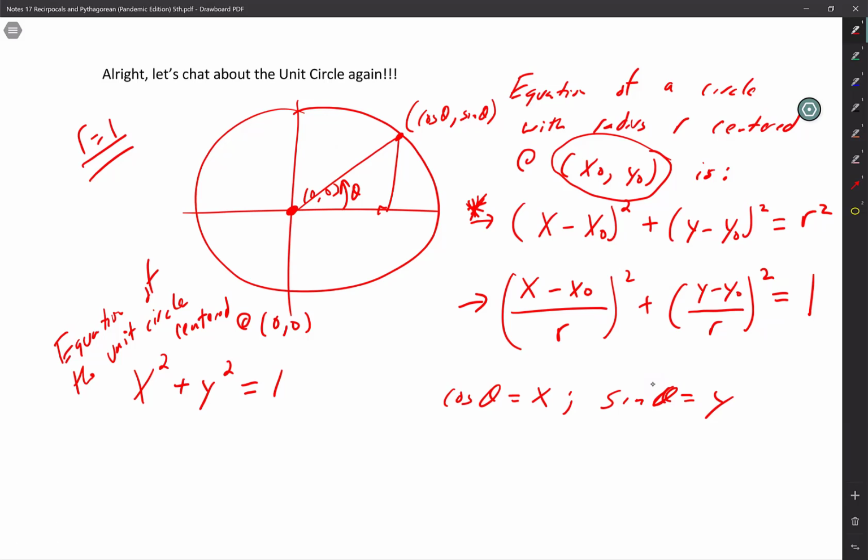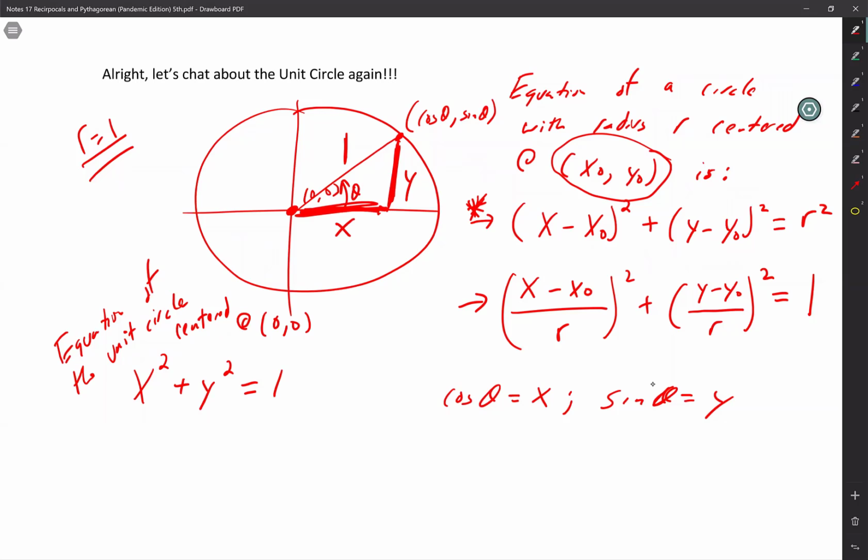And you guys remember that. Why is it x? Because remember, cosine is adjacent over hypotenuse. This horizontal displacement is an x value. This vertical displacement is a y value, and the hypotenuse is a 1 because the radius is 1. So cosine is adjacent over hypotenuse, so x over 1, x. Sine is opposite over hypotenuse, so y over 1, y. Does that all make sense, guys?